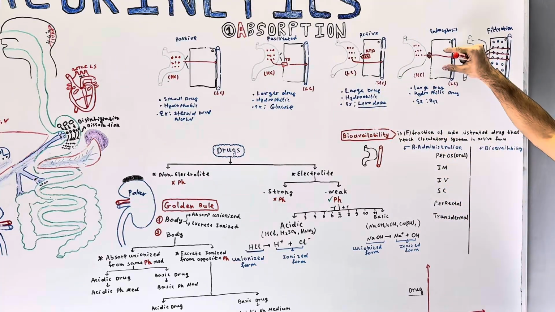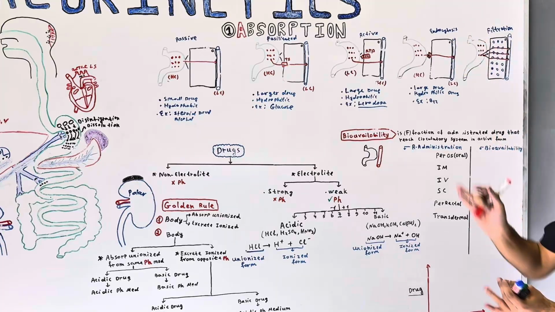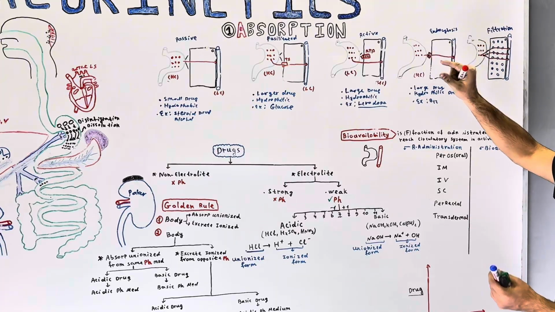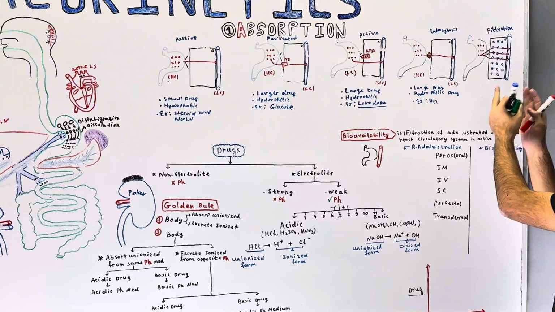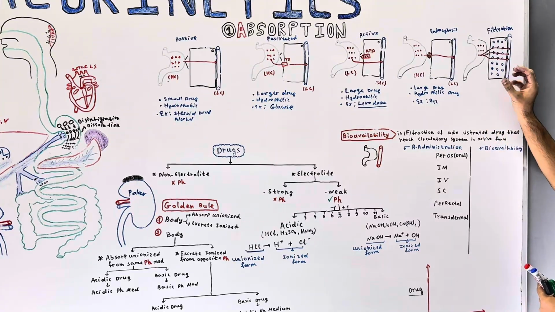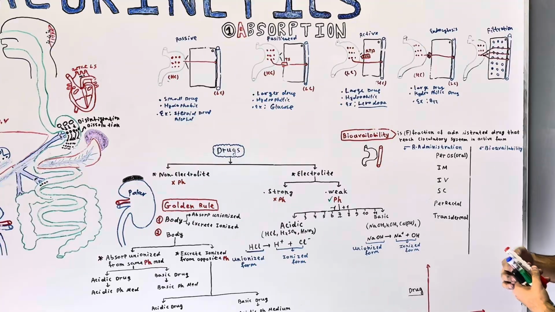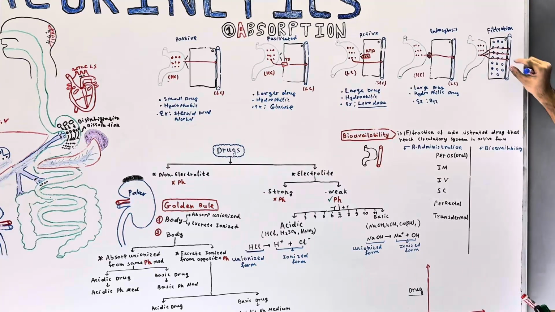In the fourth, the membranes of the gastric cells or enterocytes engulf the drugs, then transfer them to the blood circulation. And the last one, which I already explained, is filtration, where the drugs pass through the pores to reach the blood circulation.